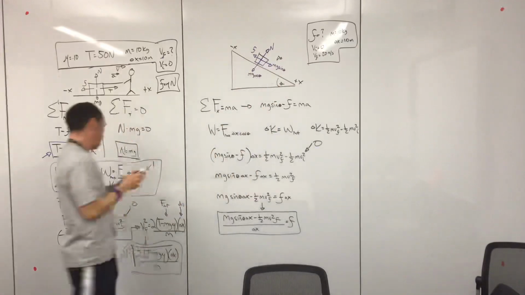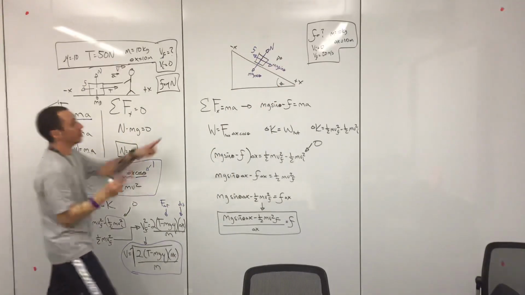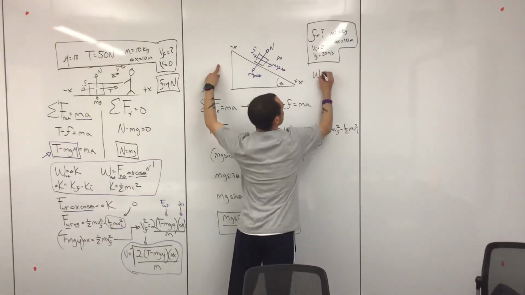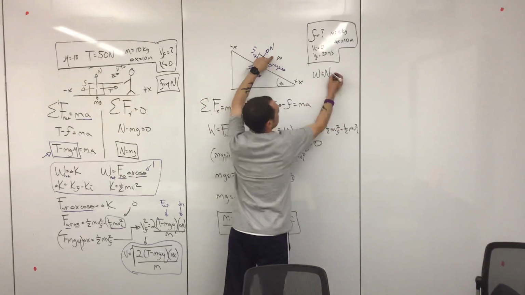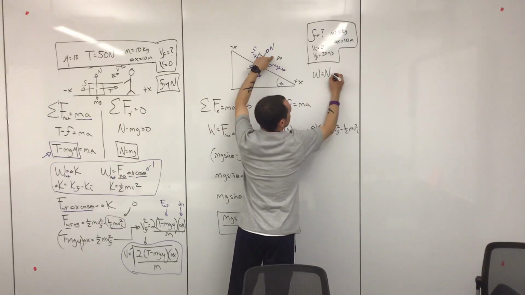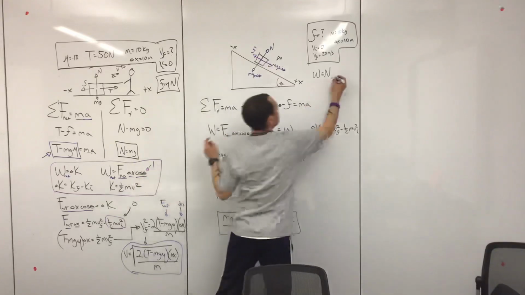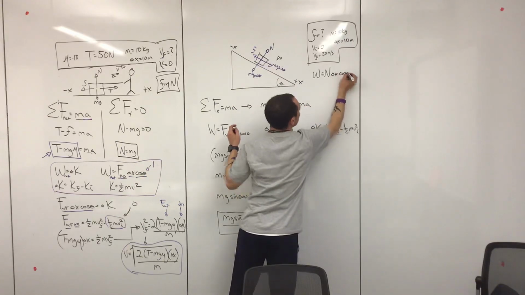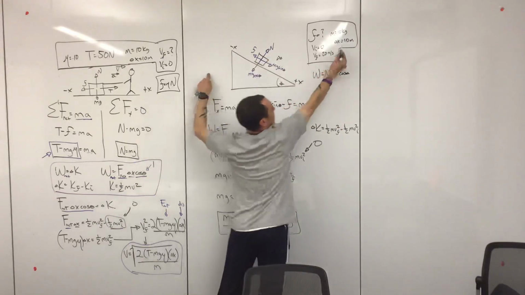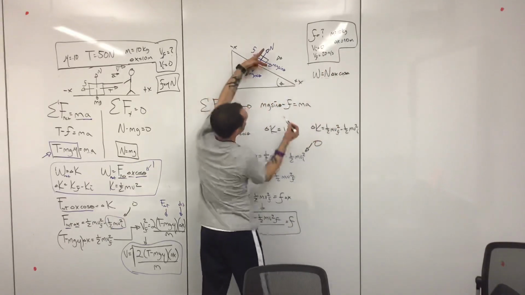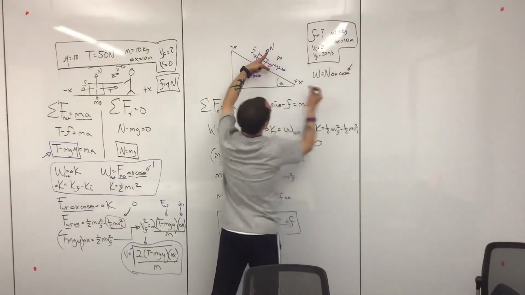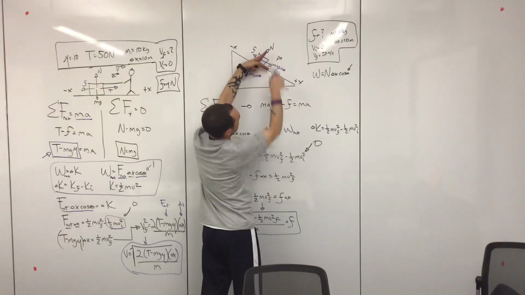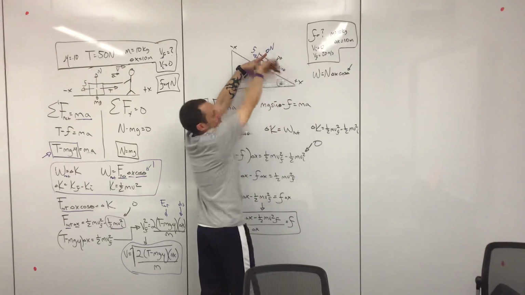If we were to look at the work from normal force, it'd be the normal force times displacement cosine theta. Displacement is down the ramp, which would be 10 meters in this case, but the theta is 90 degrees. The normal force makes a 90-degree angle with displacement.